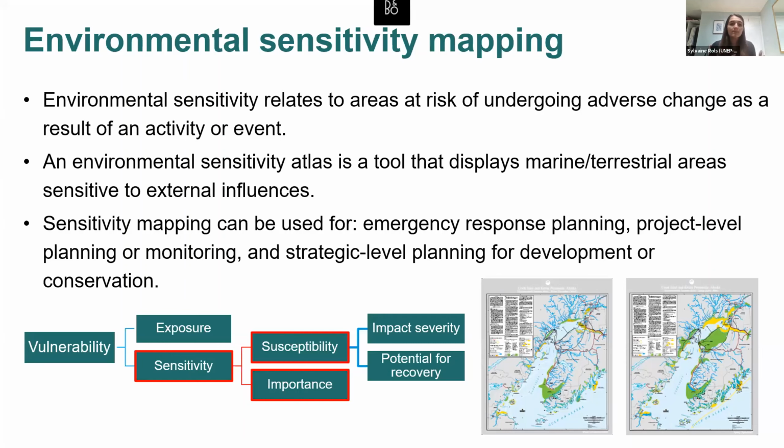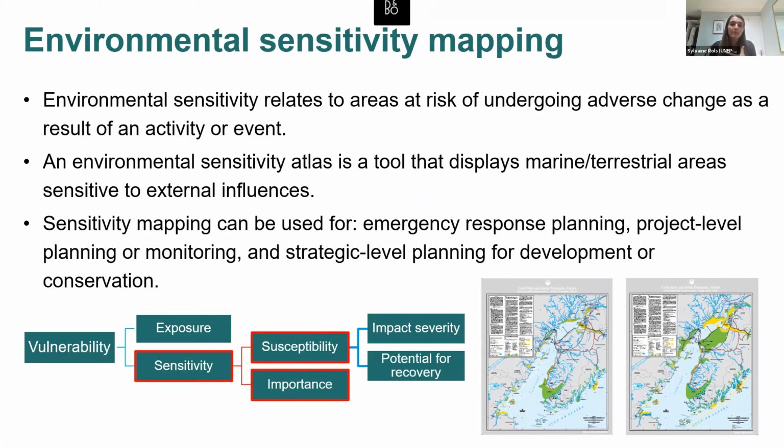And there are varying definitions of sensitivity and vulnerability, but for the sake of our context and this presentation, we define sensitivity as a combination of the susceptibility of an environmental feature or an environmental asset, that could be a mangrove forest or coral reef, so the susceptibility of that particular asset to a pressure, as well as that environmental asset's importance.